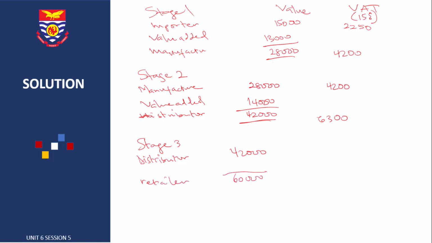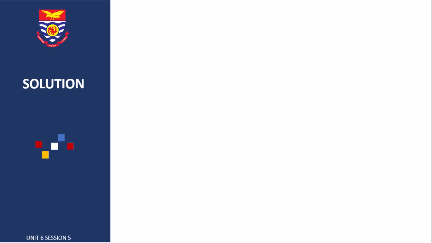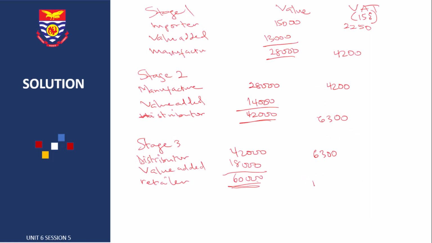So the value added here is 18,000. The input tax on 42,000 is 6,300, and the output tax is 9,000.